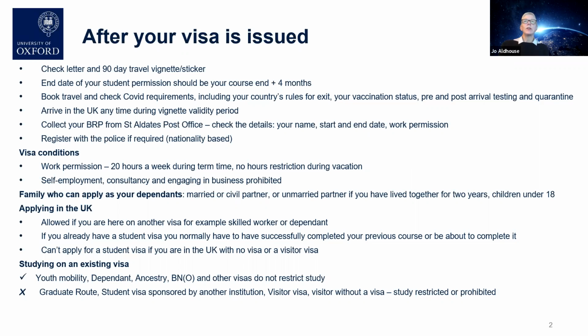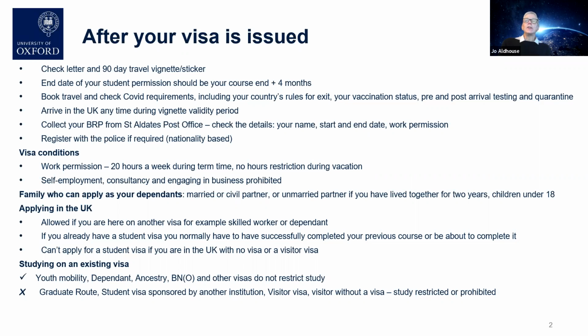Usually they come through in 3 weeks, as I say, but you can apply as soon as you get your CAS, and you would actually be allowed to apply up to 6 months before your course start date. But in fact, by the time you get your CAS, you'll be a bit nearer than that anyway, because you won't get your CASs before April probably.